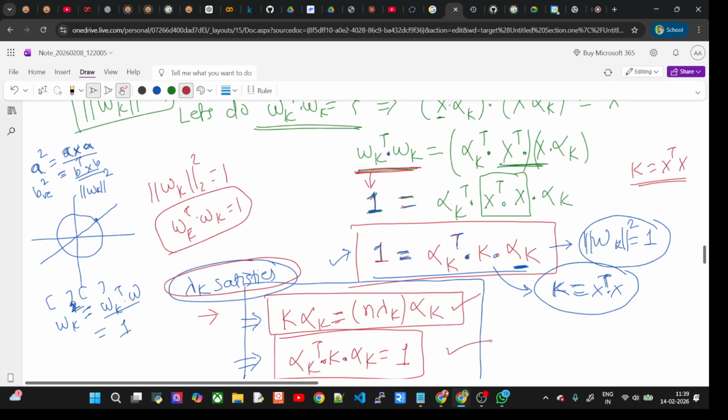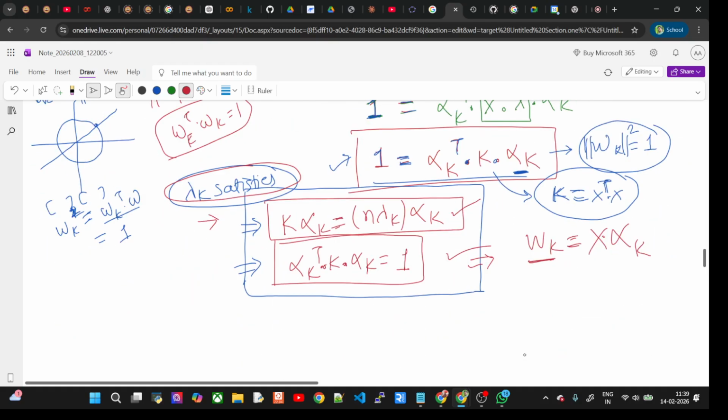If that alpha k satisfies both equations, then I simply multiply that alpha k with my data points x and directly get the eigenvectors. That's all. PCA wants the eigenvectors.